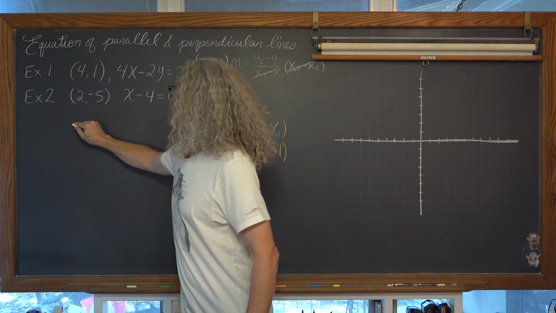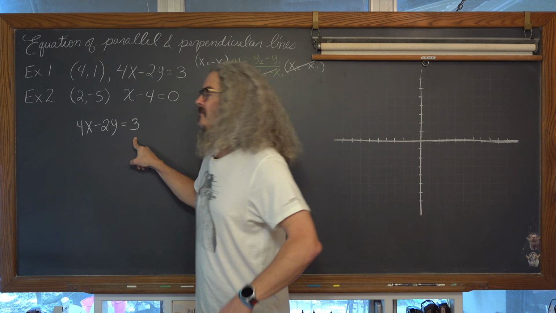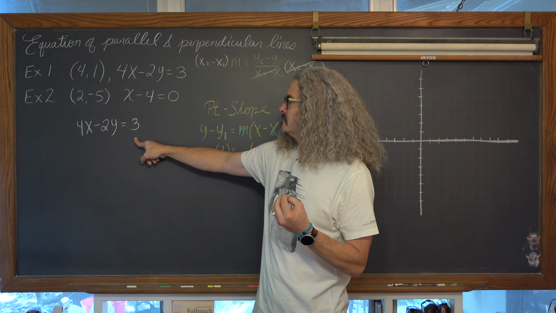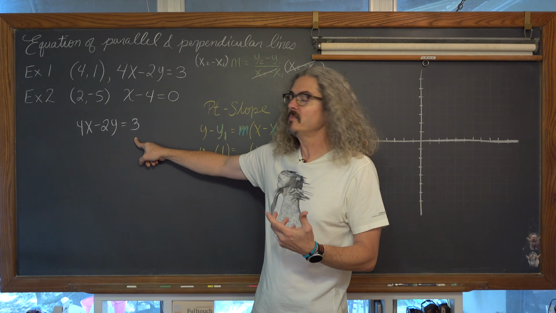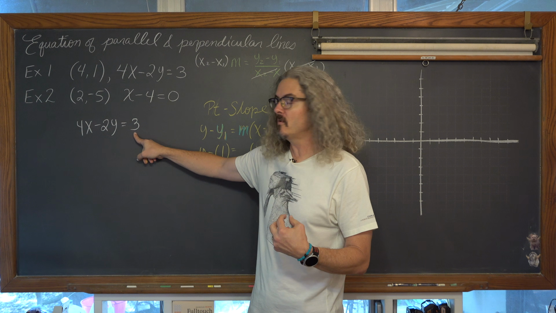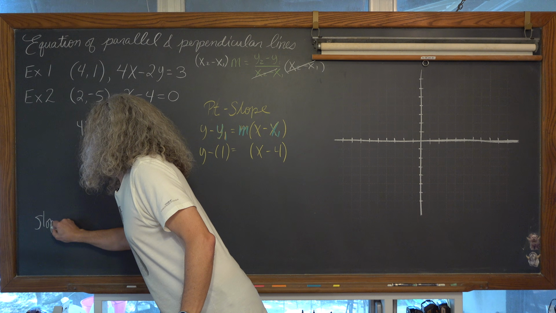There's multiple ways to pull the slope of the line out of this equation, but I think the easiest thing to do is to convert this equation of a line in standard form into the slope-intercept form.